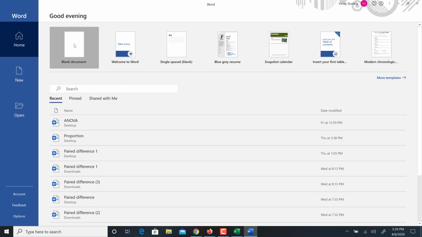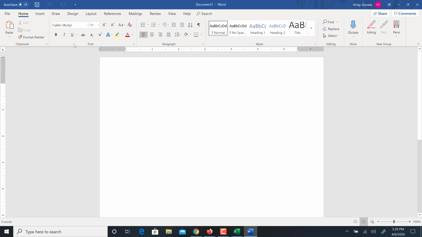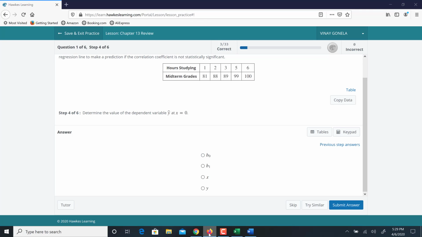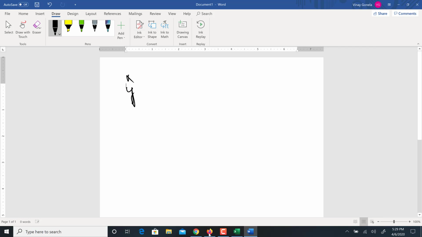Our equation of a line, y hat, is equal to beta naught plus beta 1 x.